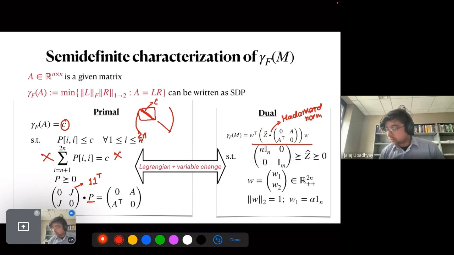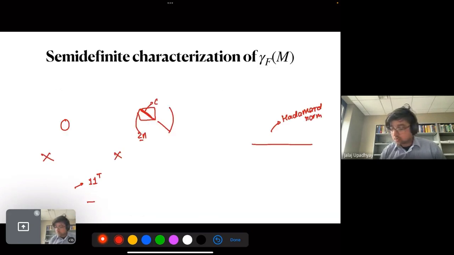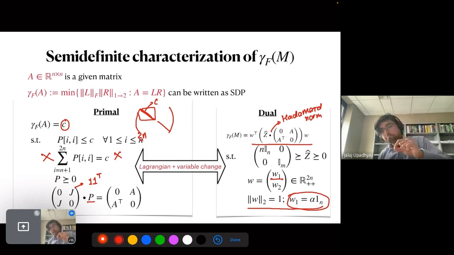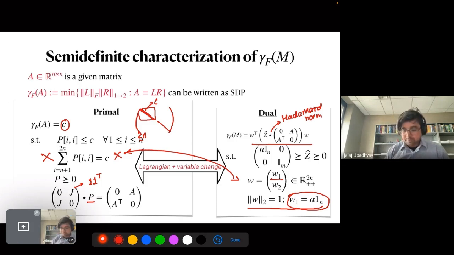The other constraint, different from the CB norm, is a restrictive constraint that the first n entries of my W1 are all the same. This comes because of my constraint here, the difference in the sum of the diagonal entries being bounded by C. You can write it as bounded by C as well without any problem.